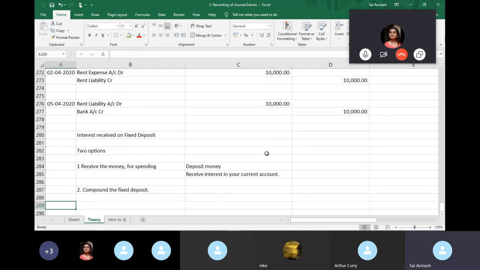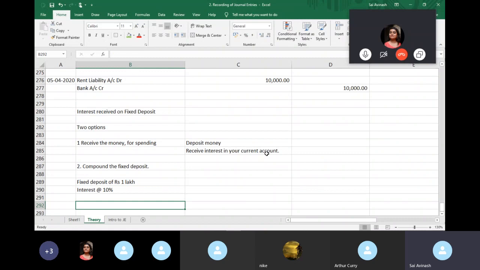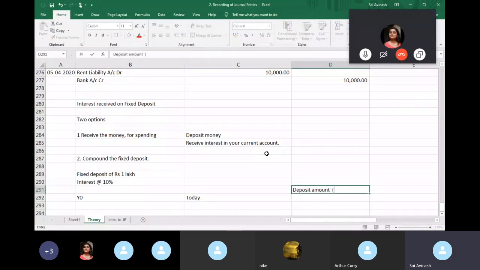What does this mean? Say I'm making a fixed deposit of rupees 1 lakh, with interest at 10%. So year zero, that is today. Okay, year zero represents today. Deposit amount is 1 lakh, right?